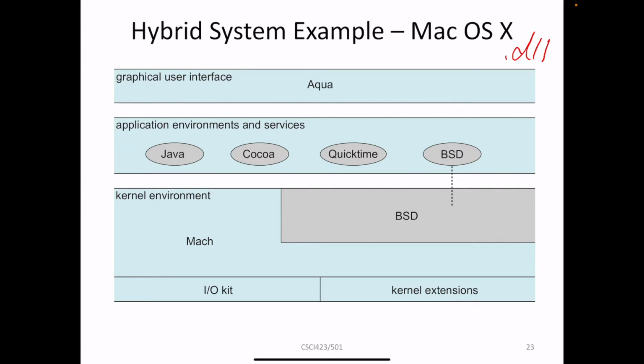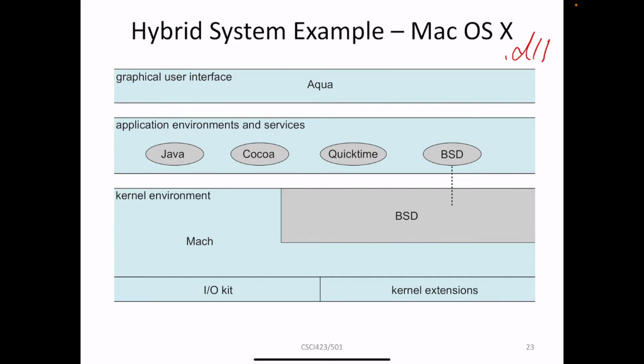Inside the kernel, we have two cores. One is Mach, which is a real-world example using microkernel structure, and the other core is Unix BSD. And at the bottom of this layer, we have kernel extensions. It works like the module structure, as we already mentioned.